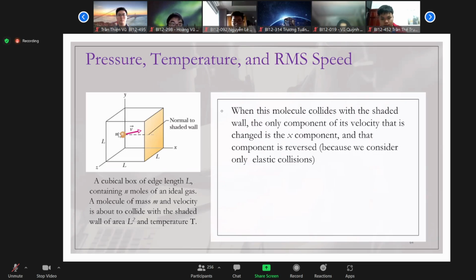Now, if we consider this particle, and we consider only the component of movement along the x-axis. Is it okay? What do we have?